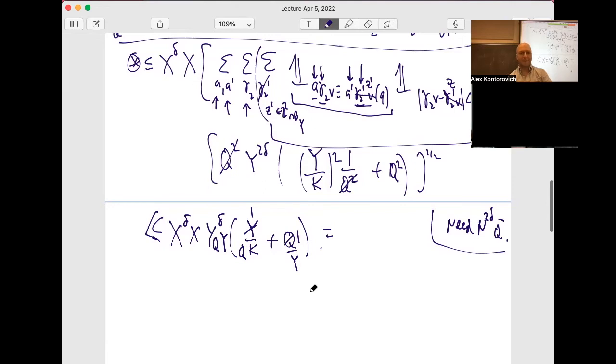Okay, so this is n to the delta plus 1, which is almost n to the 2 delta. N to the delta plus 1 is n to the 2 delta times 1 minus delta, times this q. And then what have we saved? We've saved a 1/qk and we've saved a 1/y.